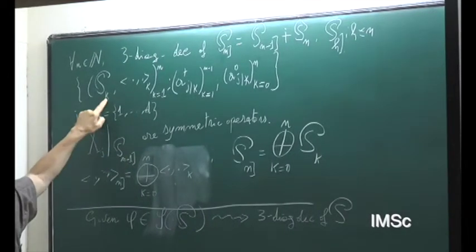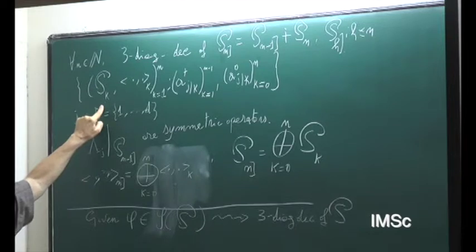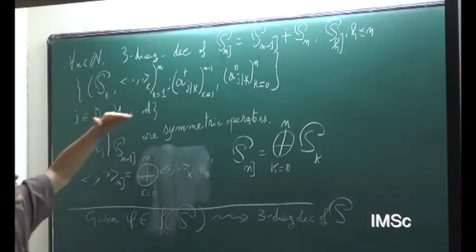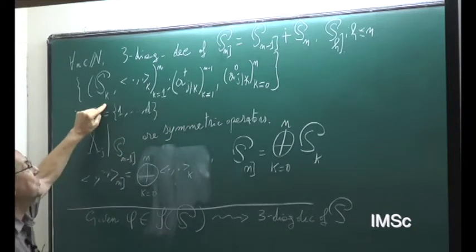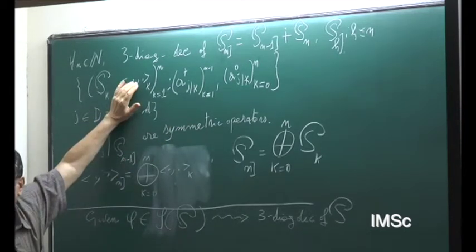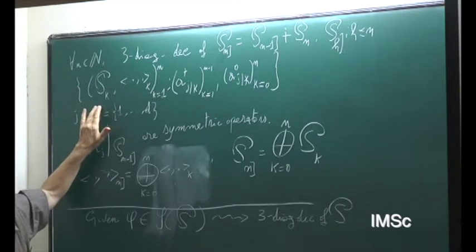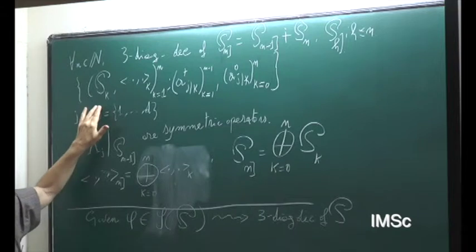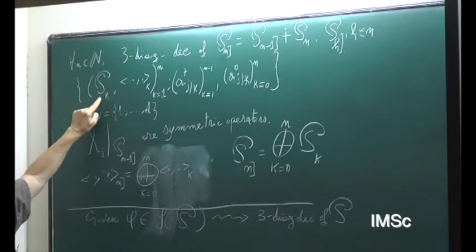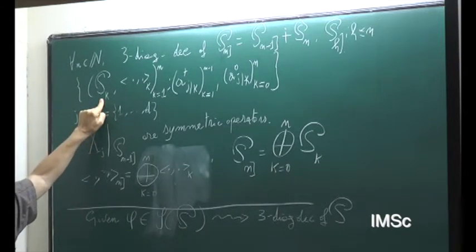So the spaces don't depend on n. This is what I want to emphasize. A priori, in this definition, all these objects may depend on n also. I have written only the dependence on k, because I anticipate my future notation. I am interested in those decompositions in which these spaces only depend on k.